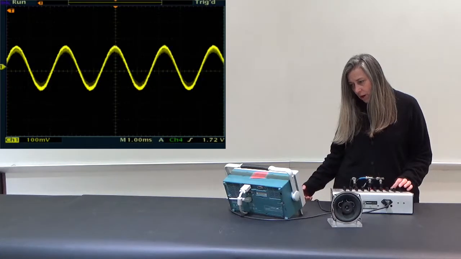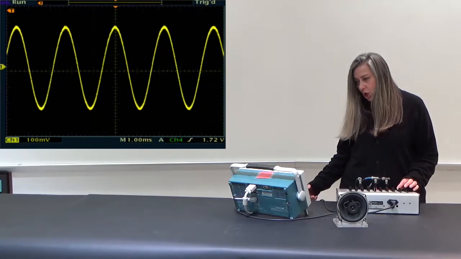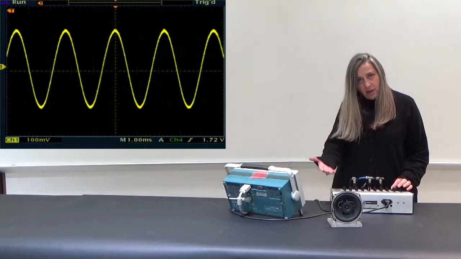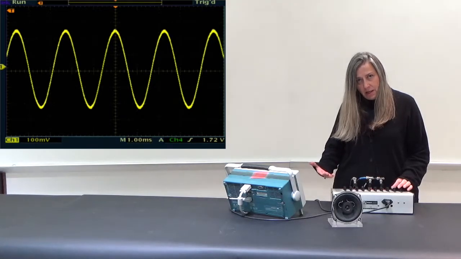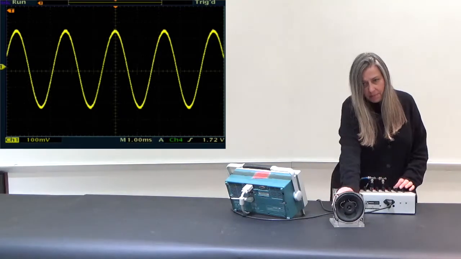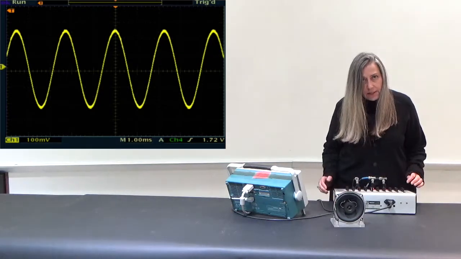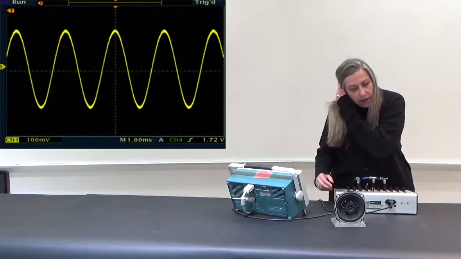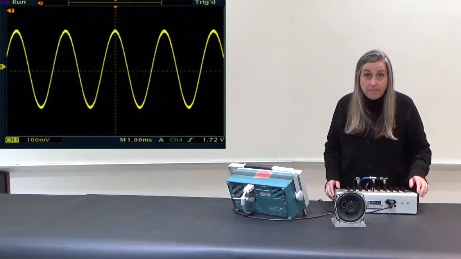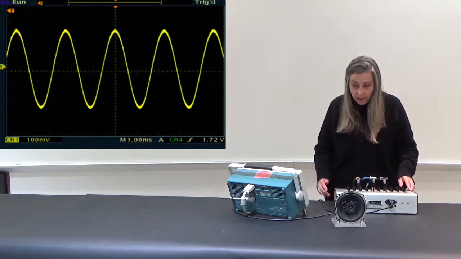I have a 440 Hertz tone here that you can clearly hear. It's emitted by this speaker connected with the Fourier synthesizer that I have here, and it's been picked up by the microphone associated with this recording.